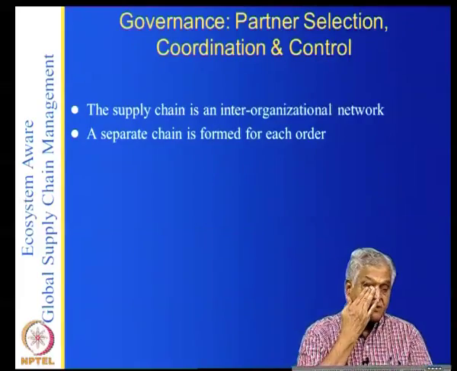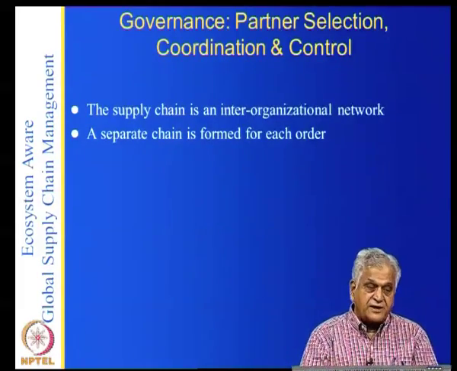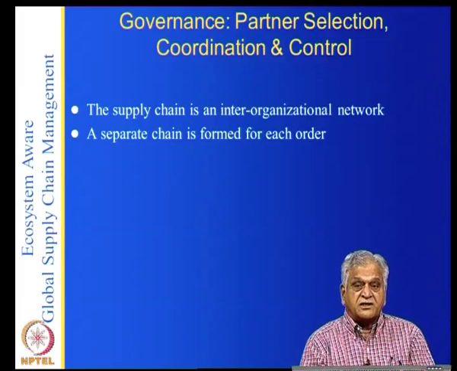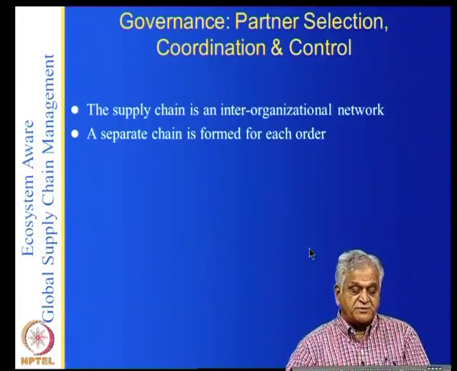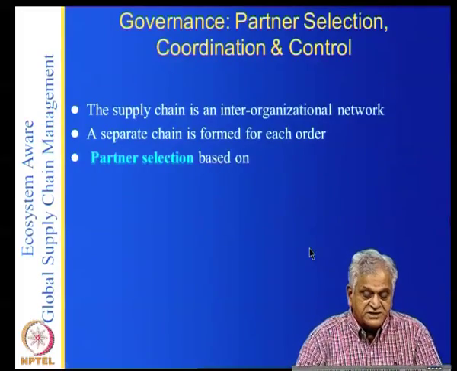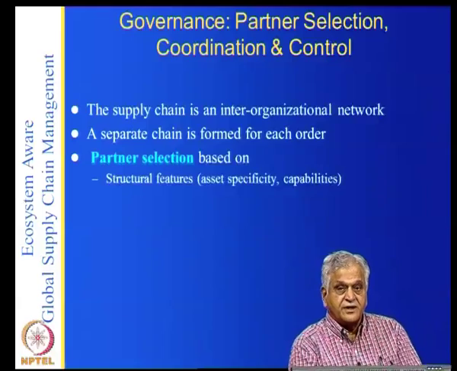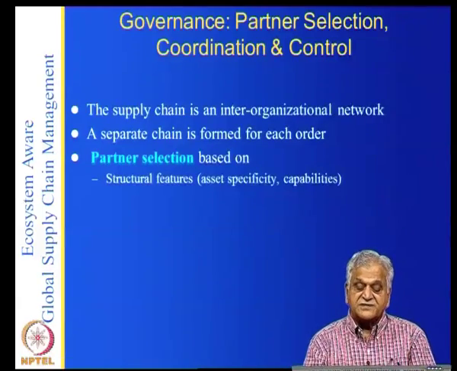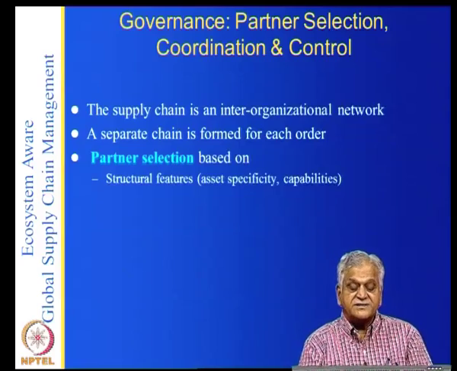So, we have several of these suppliers, and as the orders come, we choose these people. And partner selection is based on the structural features. What are the structural features? What is called asset specificity, and second, the capabilities.